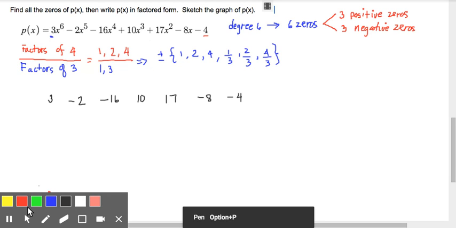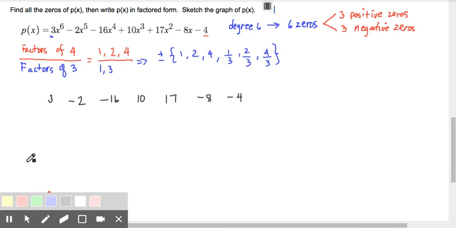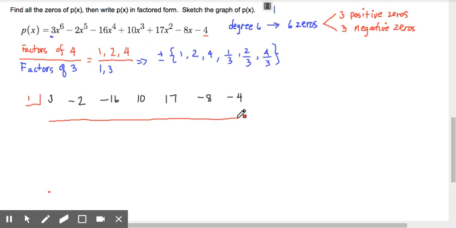So let's try. Of course, we want to try 1 first. So is 1 a 0? So we bring down 3. 3 times 1 is 3. Negative 2 plus 3 is 1. 1 times 1 is 1. Negative 16 plus 1 is negative 15.